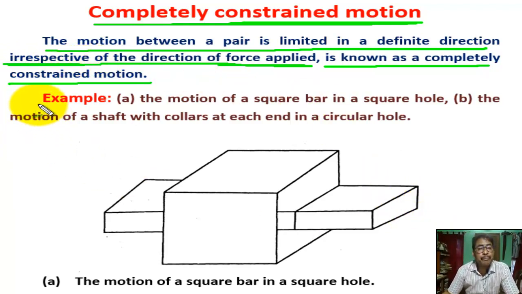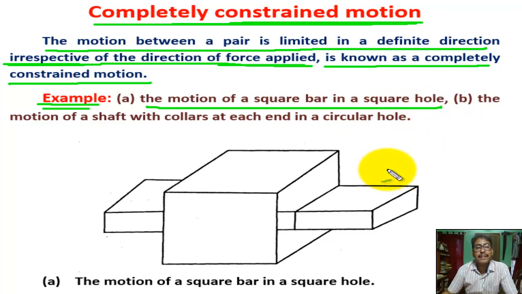Now example. The motion of a square bar in a square hole. This is the square bar, this is the square hole. That means inside this there is a rectangular hole.